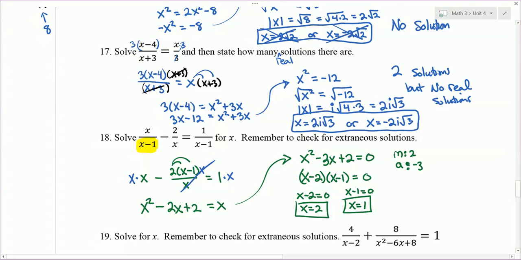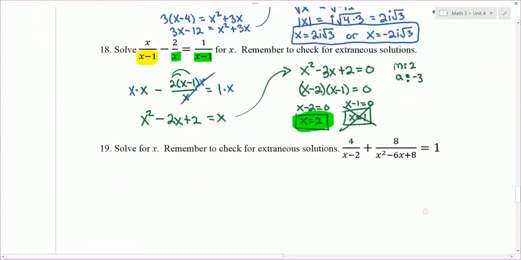Well, that means I need to throw out that answer, x equals 1. If the denominator is x, then x can't be 0. I don't have that as a solution, and again, x can't be 1. So I do have one answer, which is x equals 2. The other answer we had to throw out, we call it an extraneous solution, because if we plugged it in, it would cause us to divide by 0.